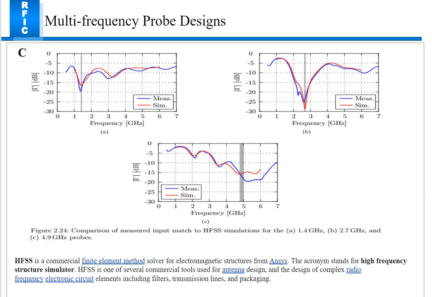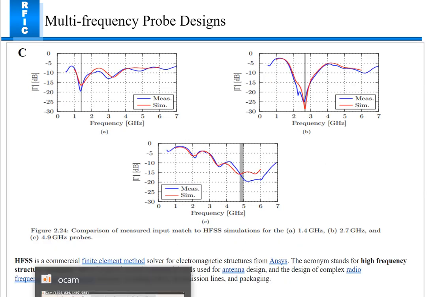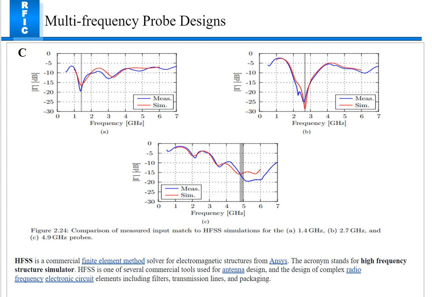Now, as you can see, this is a multi-frequency probe design. As I said before, they had also used one in the 1.4 gigahertz system. They had used a technology for calibration.